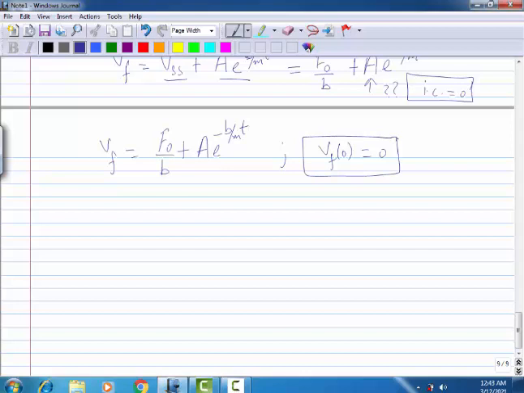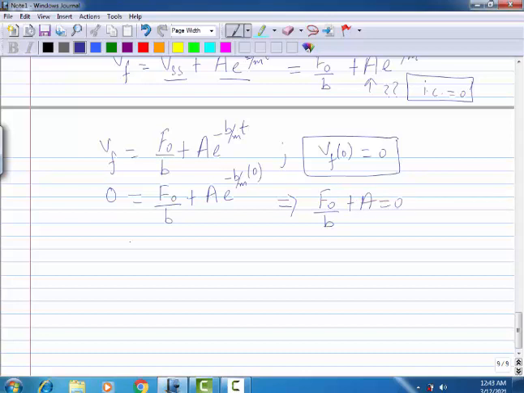If the initial condition is equal to 0, we have to satisfy this equation, so it becomes 0 equal to F naught divided by B plus A exponential power minus B by M times 0. If I solve this equation, this implies that F naught divided by B plus A is equal to 0.